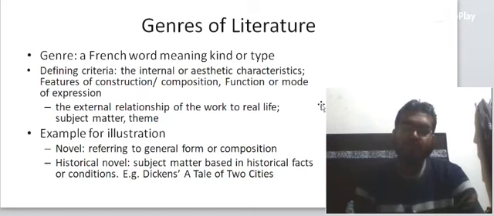Not exactly backdrop, but it is based on the French Revolution. It talks about the crises which France went through and how people revolted against cruel and brutal ruling class. So since this novel derives its subject matter from historical facts and events, that is why it is called historical novel.